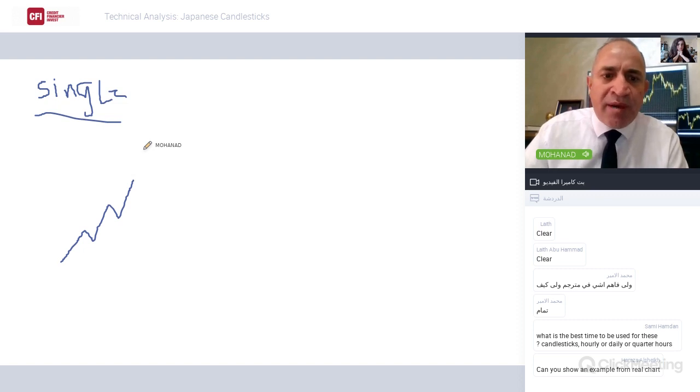At the end of an uptrend, we see a candle like this one, which is called the shooting star reversal candlestick.